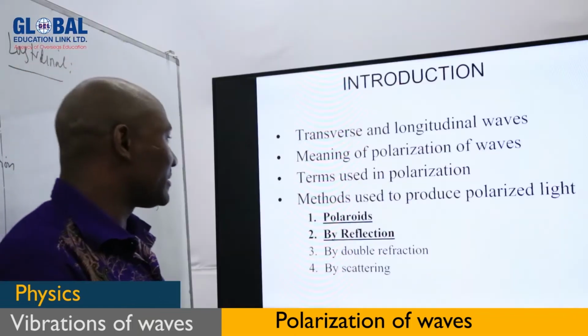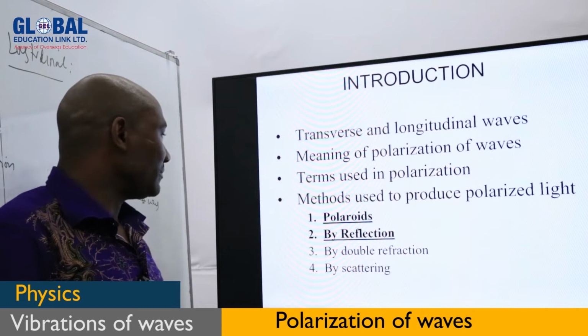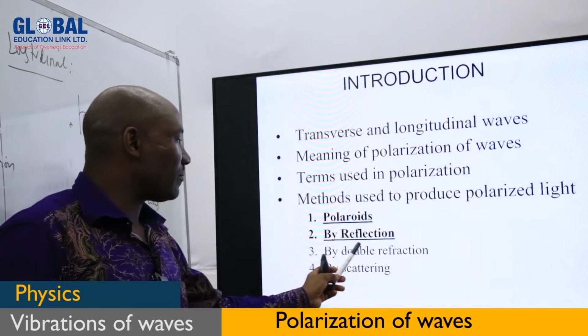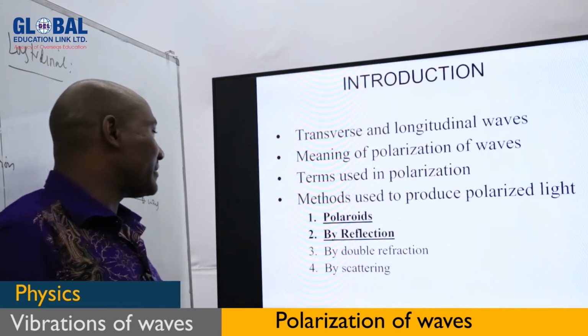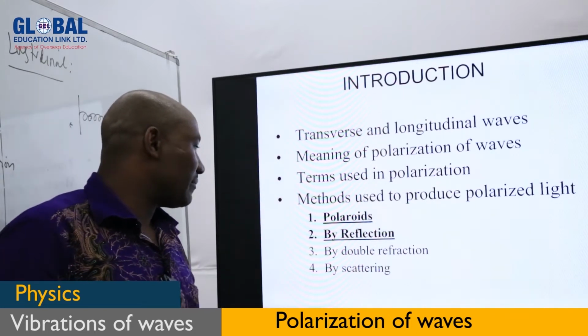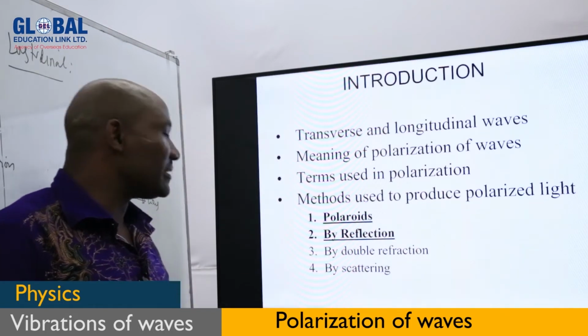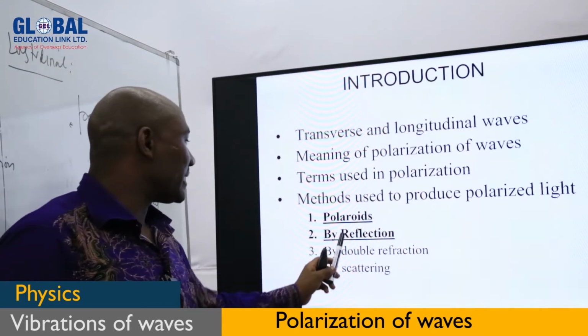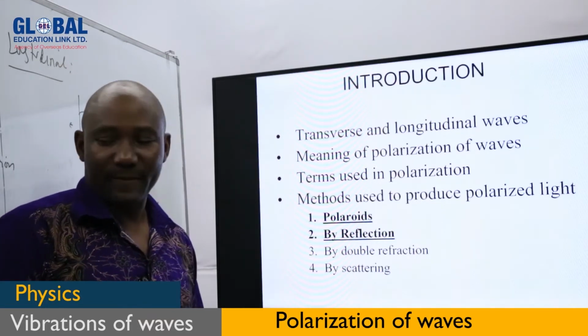Now we have the methods which are normally used to produce polarized light. We have polaroids. We have methods by reflection. We can use double refraction, and scattering. But our discussion today will be based on the two highlighted methods, polaroids and reflection.